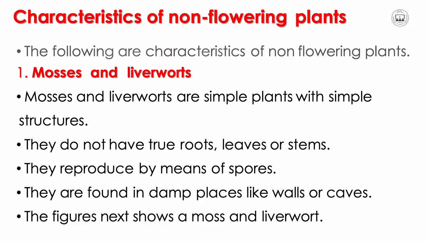Out of these non-flowering plants, there are many, and because there are many, they also have different characteristics according to the system of their survival. So, characteristics of non-flowering plants.